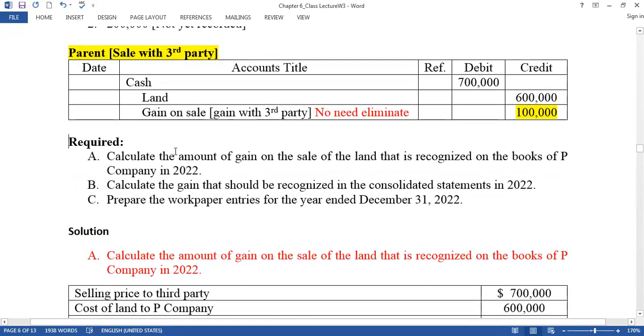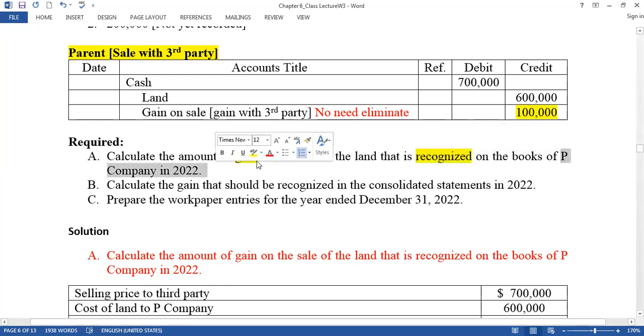Main question, try to understand: calculate gain or loss of the sale of land that is recognized on the books of P company.